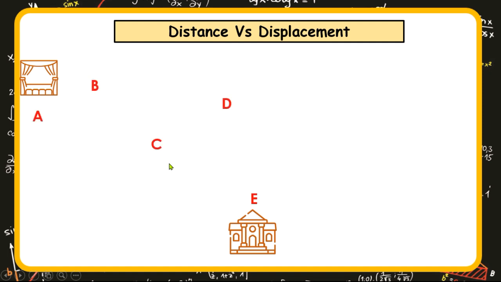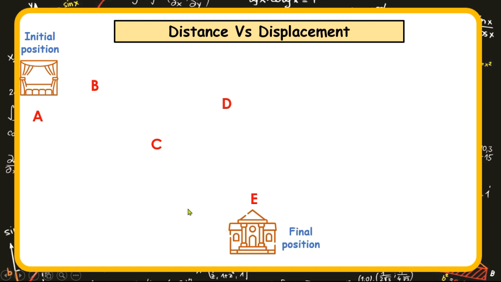Now, there are many routes that you have to take in order to move from your home to your school. And the various routes are labeled in points like A, B, C, D, and E. And so your initial position is A, your home, and your final position is your school.